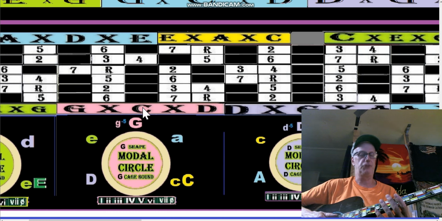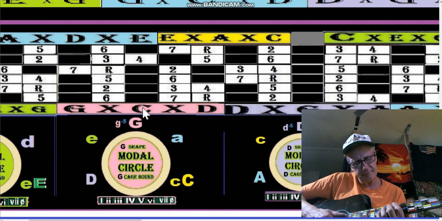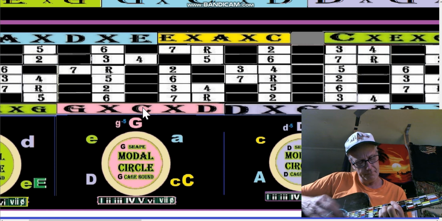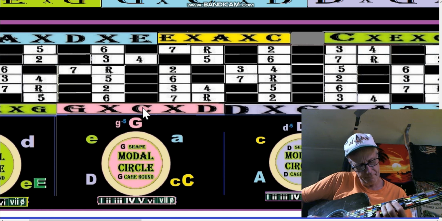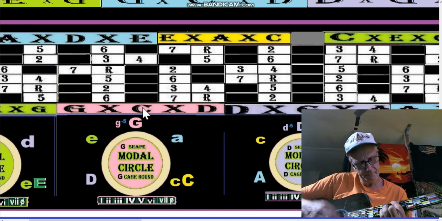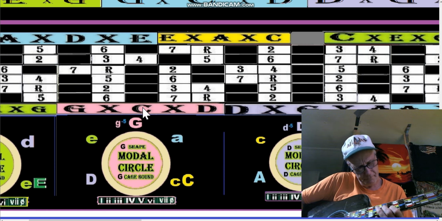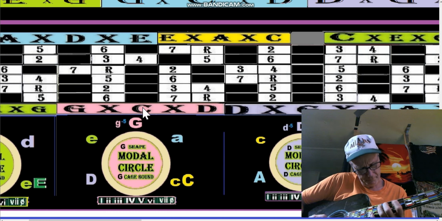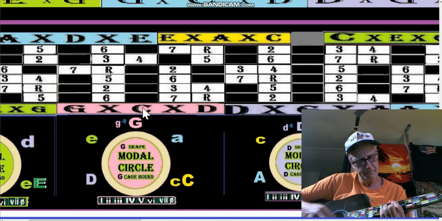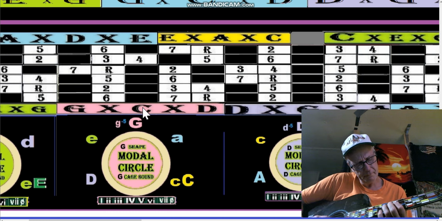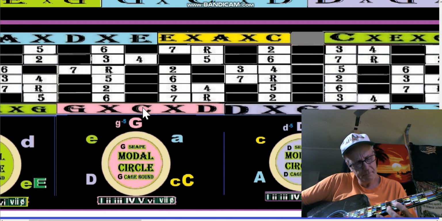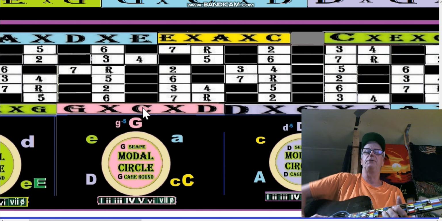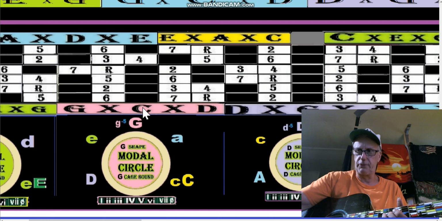So in that G box up here, that A minor shape, and there's your D minor tonal center.